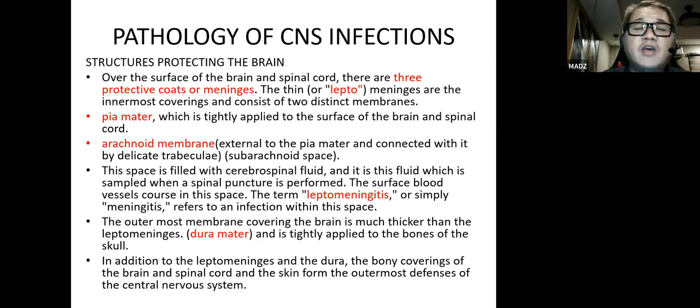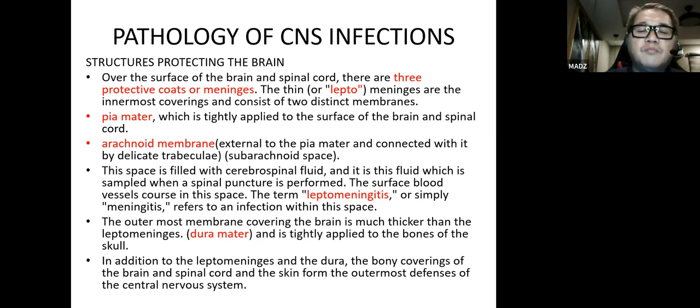This space is filled with cerebrospinal fluid, and it is this fluid which is sampled when a spinal puncture is performed. The surface blood vessels course in this space. The term leptomeningitis, or simply meningitis, refers to an infection within this space, including involvement of the leptomeninges, which are the pia and the arachnoid.